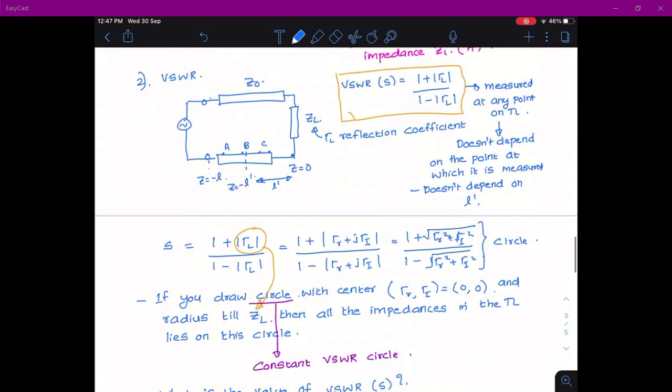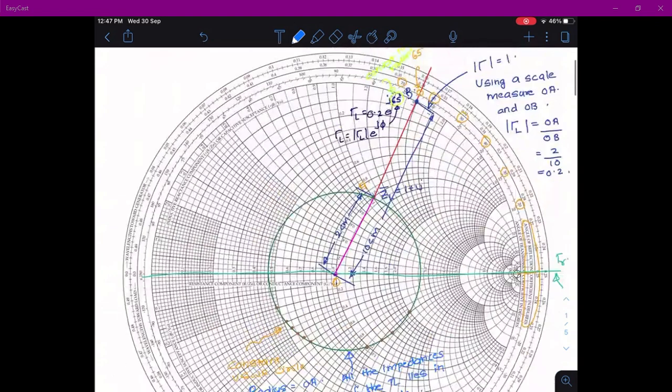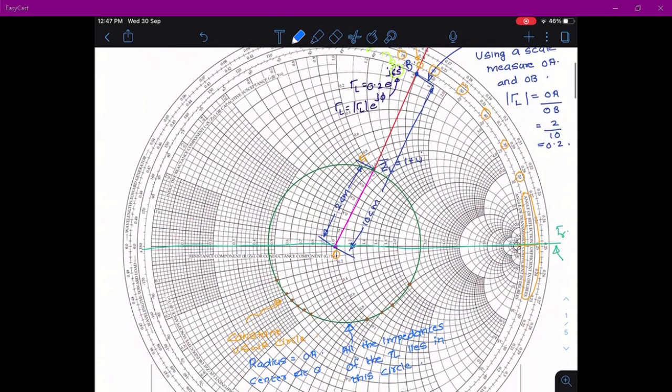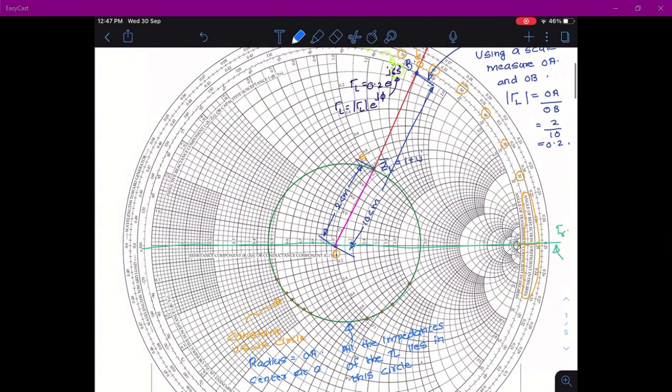If you come back here, you see that it meets the tau r axis here. Now if you look at this value, this is resistance, this is 3.0, so it will be something around 2.8. So the value of S is 2.8.